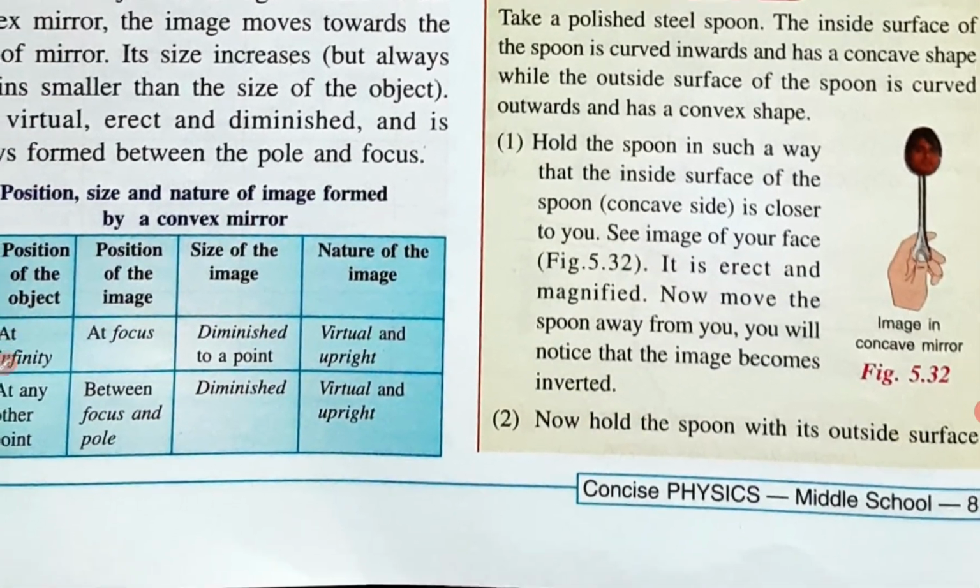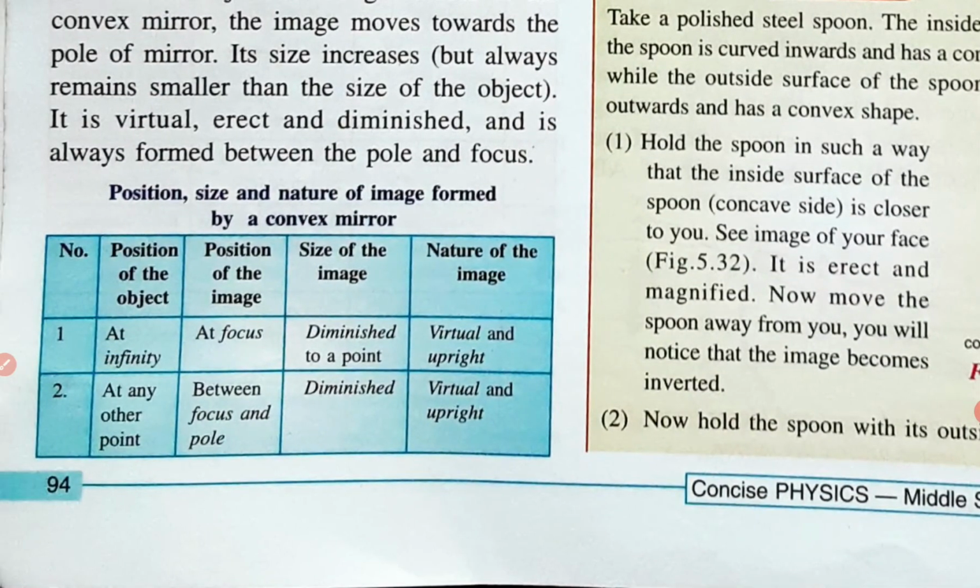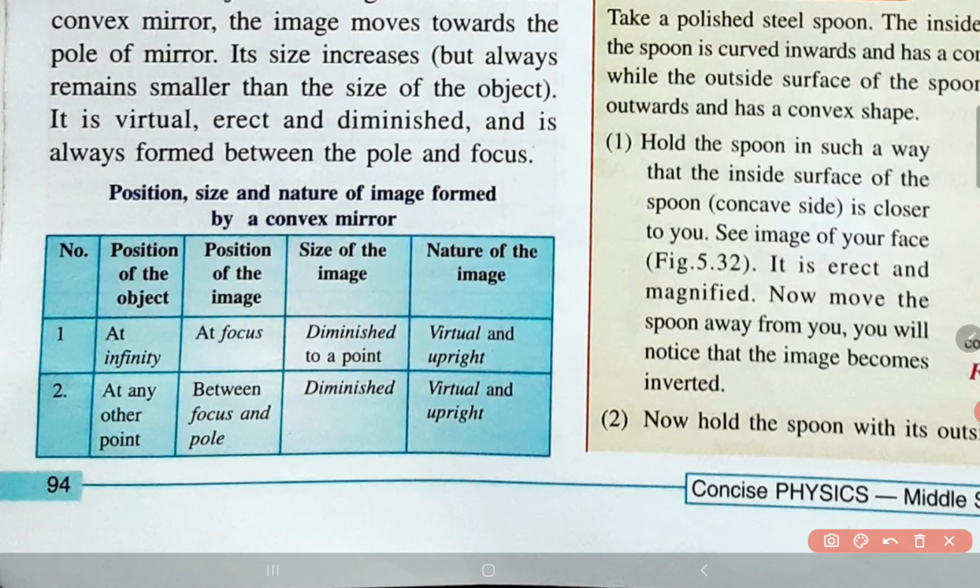Before going to the activity, this particular table was not discussed, because there was nothing more to discuss regarding this table, as we have already discussed it while drawing the diagram. If the object is kept at infinity, then the image will be formed at the focus, for which the diagram is not given.